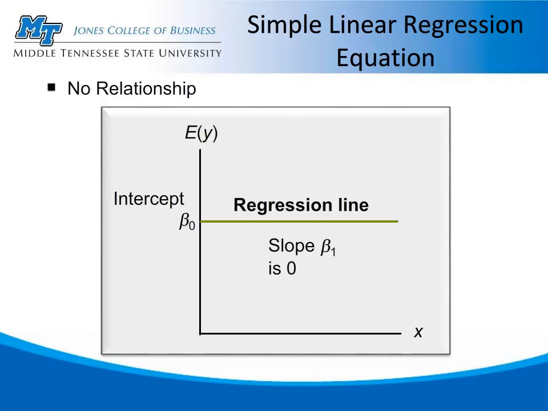Now, to give you an example of a situation where there's really no relationship, I heard a pretty good example the other day. If you look at the height of an individual and look at what their IQ score is, if that X, that horizontal axis, represents the heights of individuals, you have short people, you have tall people, but you'll find, generally speaking, that their IQ scores tend to just go up and down.